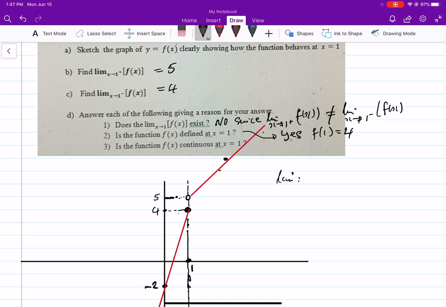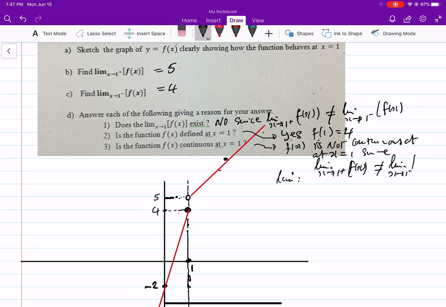So based on that alone, we can say f of x is not continuous at x is equal to 1, since the limit as x is approaching 1 plus of f of x is not the same as the limit as x is approaching 1 minus of f of x.